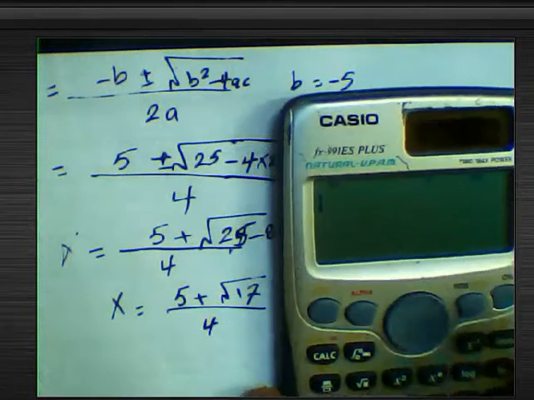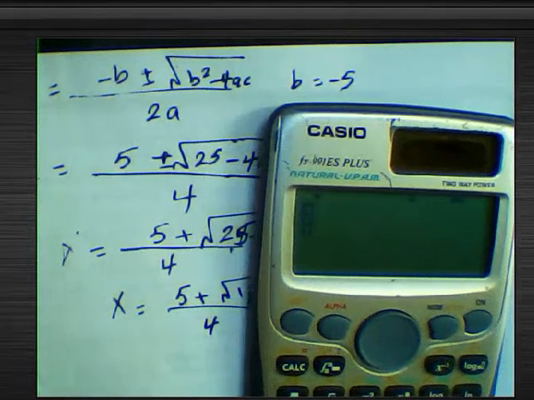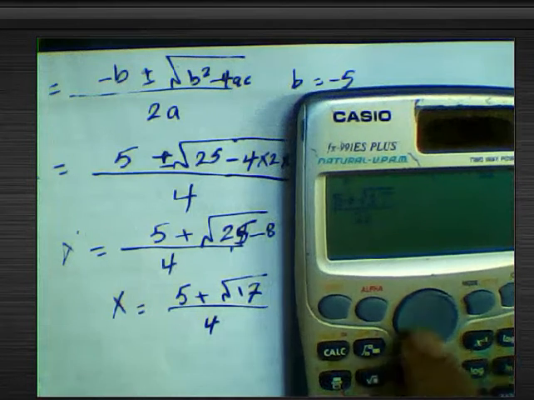We can use a calculator and find the result. First we can write 5 plus the square root of 17 over 4.